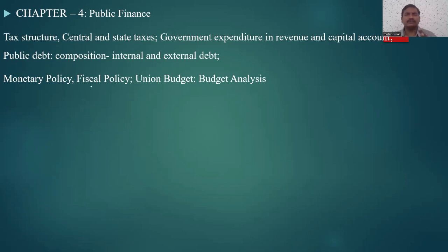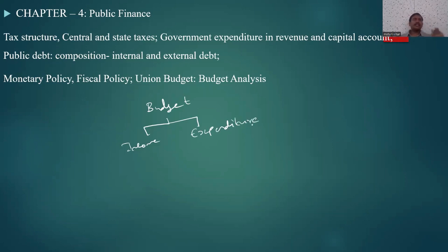If any person is estimating a budget, let's assume I estimate my expenditure, I estimate my expenditure on the basis of my income. So any budget will have two aspects: income and expenditure.